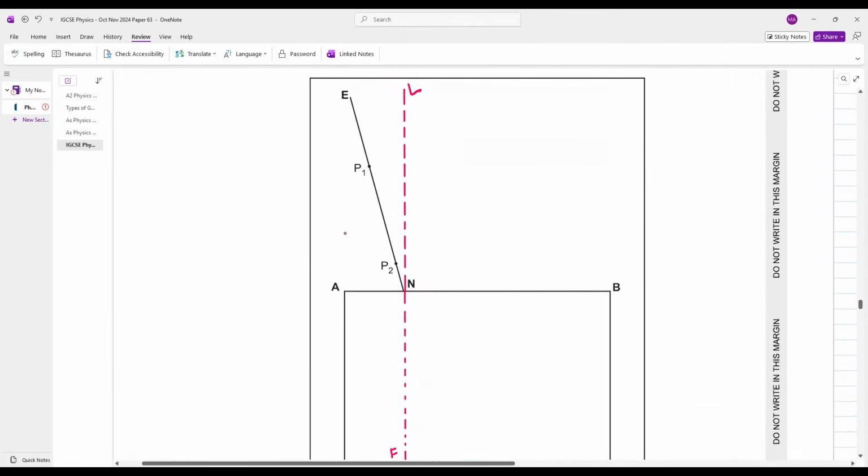Okay, LN and EN. So we have to measure this angle theta 1.